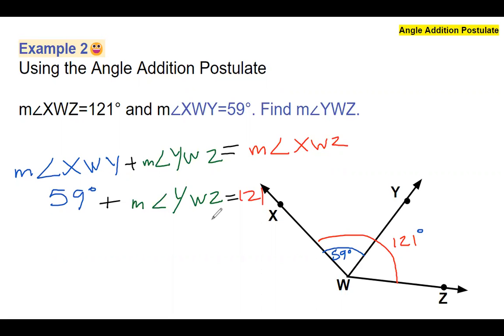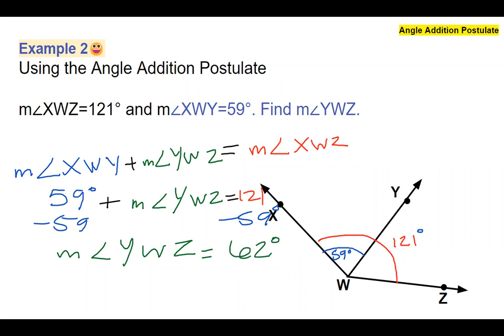Subtract what? 59 on both sides. Minus 59 on both sides, and we're left with measurement of our beautiful angle that we're looking for. YWZ equals 62, 63. Notice here it's 9. To get to 11, it's 2. So 62 degrees in this case. Raise your hand if you got that. All right, sure.